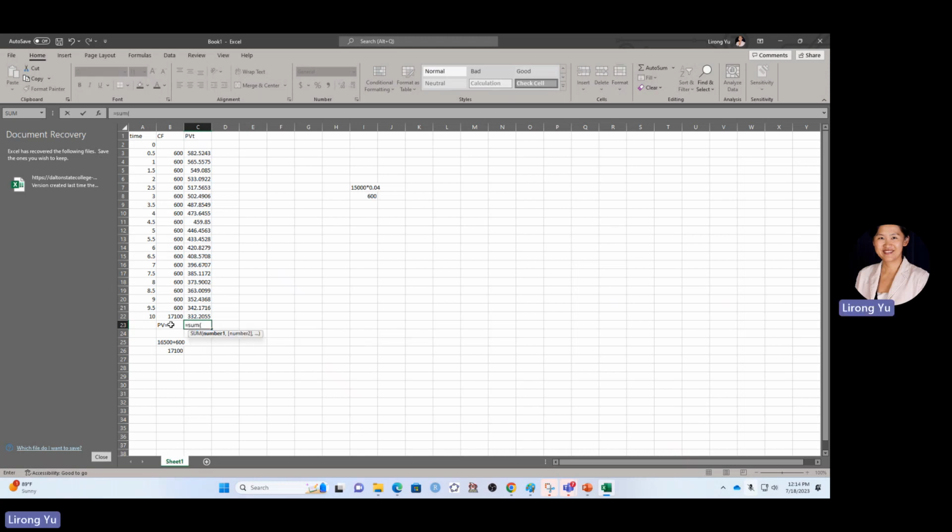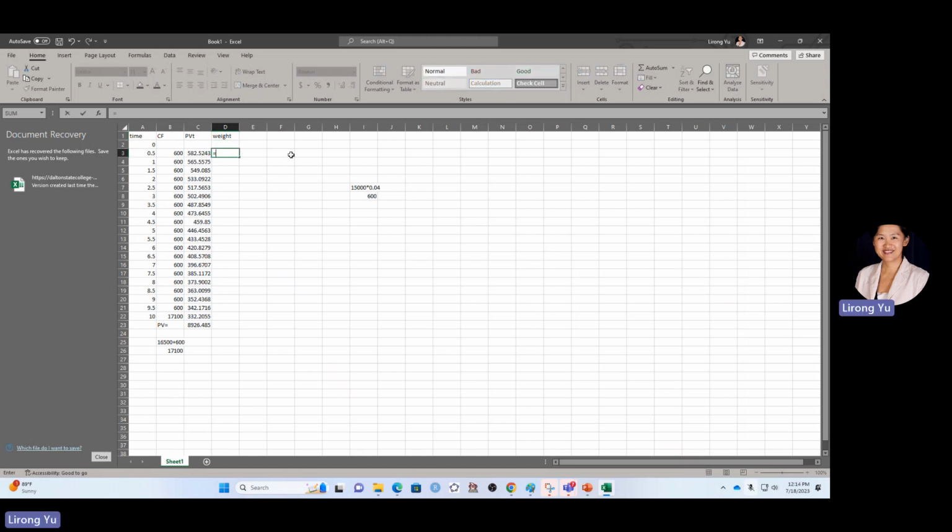I want to find the weight for each present value of the cash flow. That's the total present value. And then we need to note the weighted average of the time.